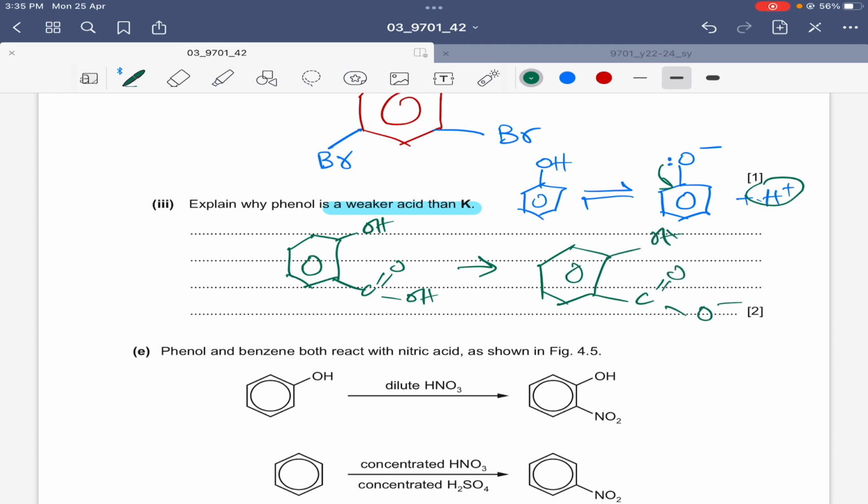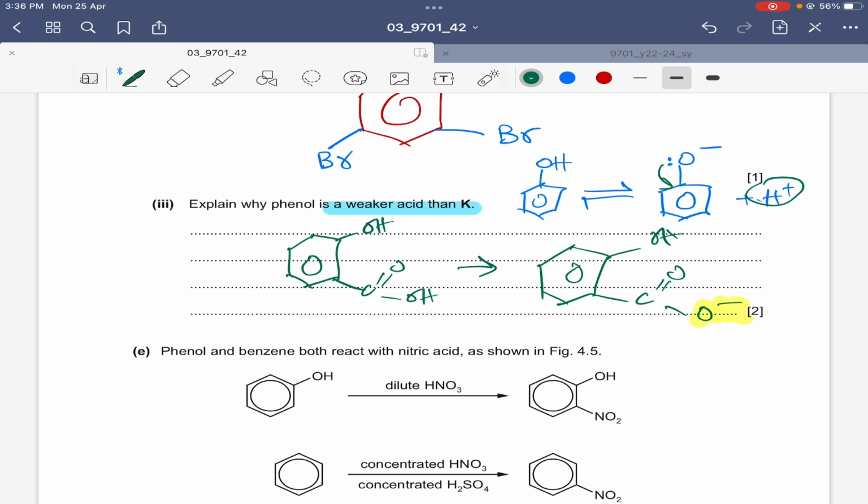Now this oxygen, as compared to the oxygen of phenol, is even less available for protonation.